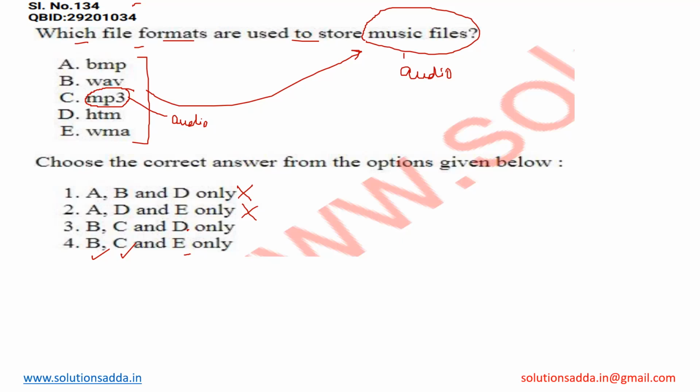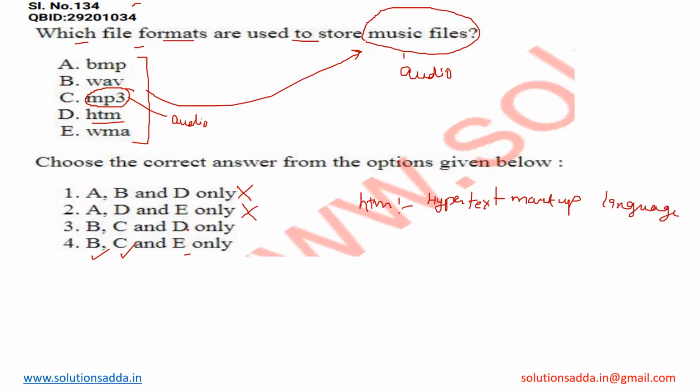Option D is called HTM. What is HTM? HTM is a file extension for hypertext markup language, used for web page development. It is not related to audio files.